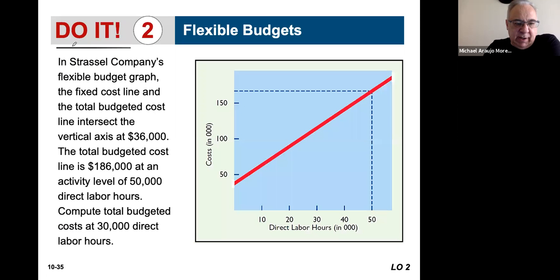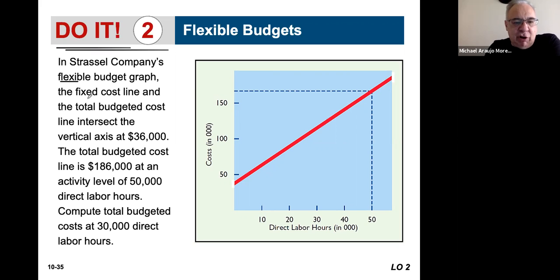And here is where we are going to end today in our do it exercise. And I hate for you to be so graphic here, but again, try to be flexible. So what you see here is Straussel Company's flexible budget graph.